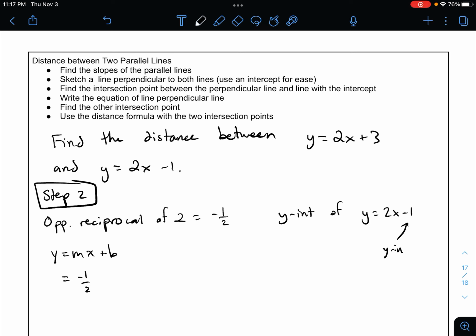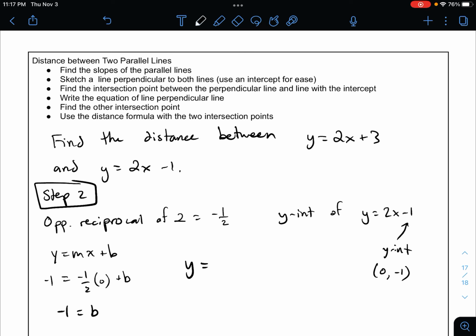So I can put in 0 for the x value, negative 1 for the y value, and that should tell me my b value. Obviously it should make sense that b is negative 1, because it has the same y-intercept. We could have already known that without going through that whole plugging in process.